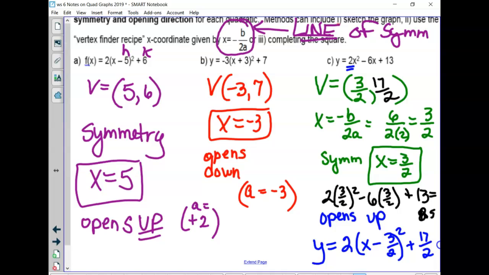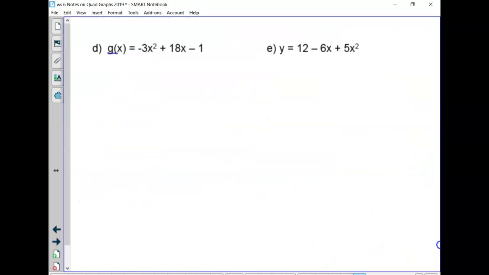Okay. We have 2 more of these. Does someone want to pick one of them? Should we try E? What's the trick on E? Yeah, so 5x squared minus 6x plus 12.